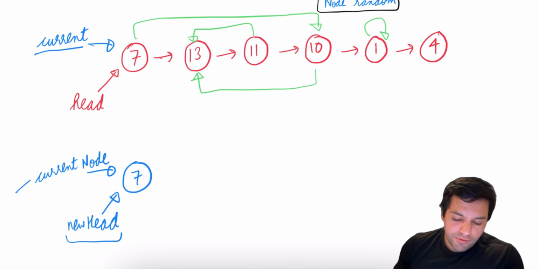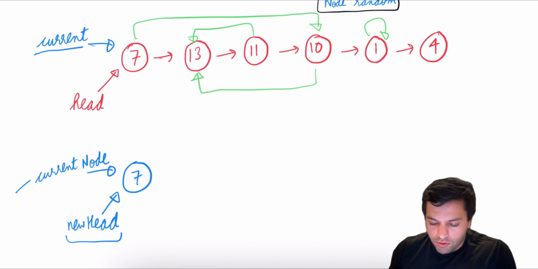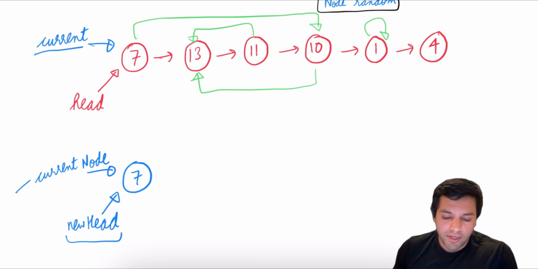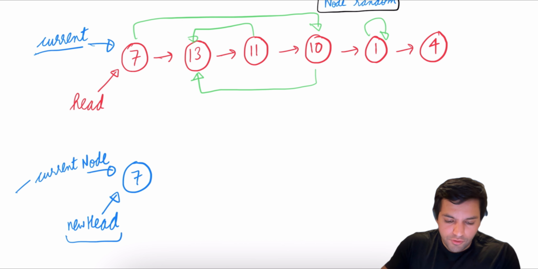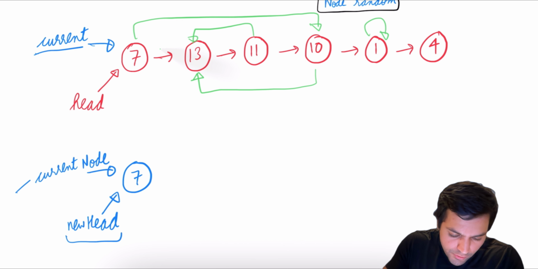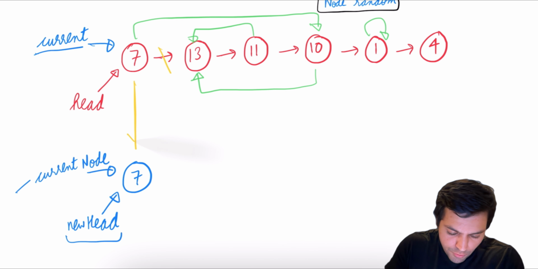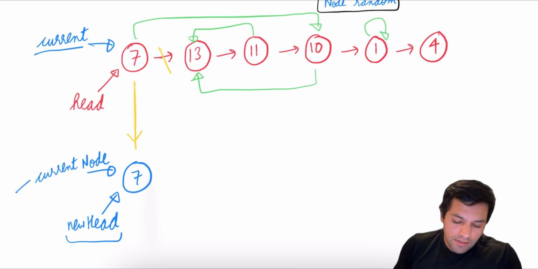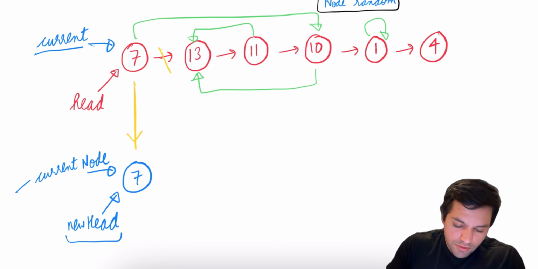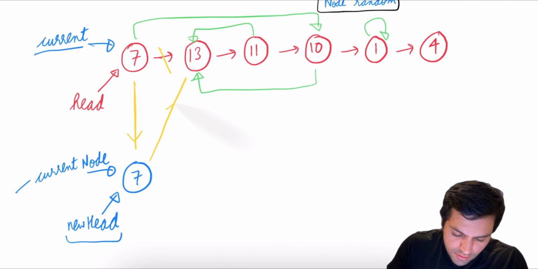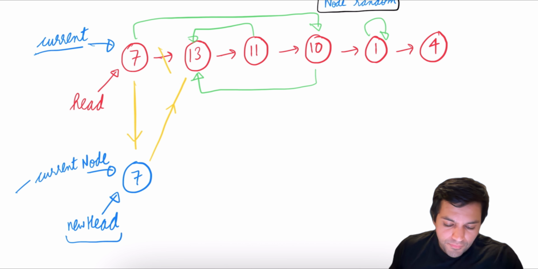When we create this node 7, we are going to update the next pointers in our original linked list: we assign 7.next to this new node 7, and the next pointer of our new node to the next node in our original linked list. And now we move forward in our original linked list.